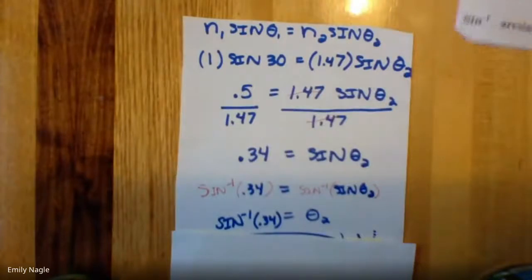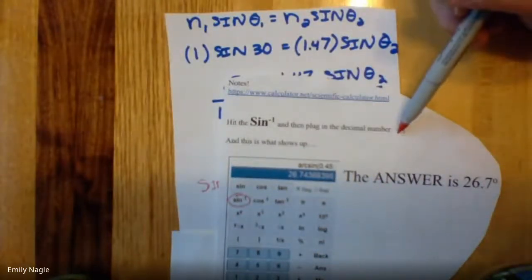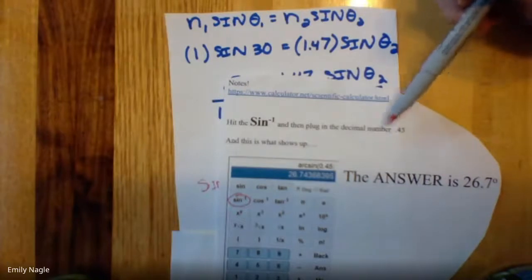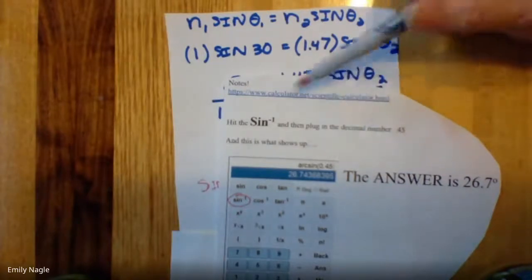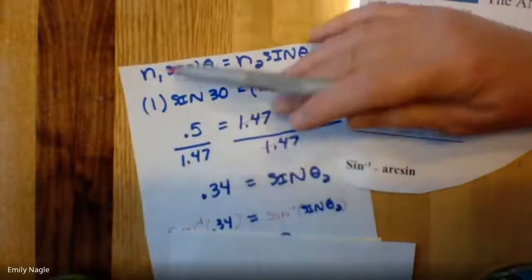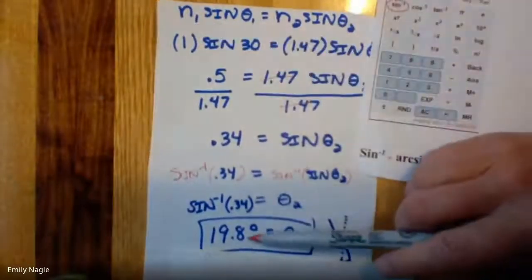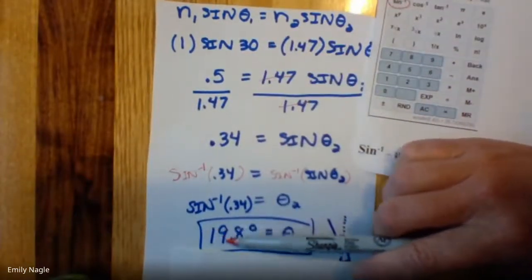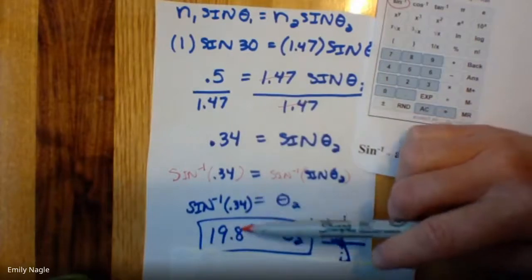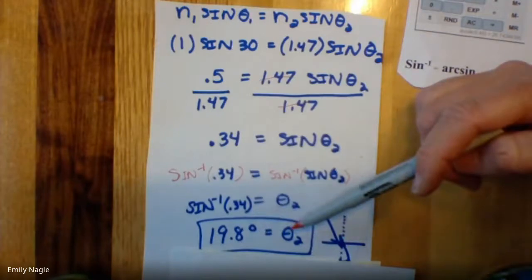Hit the inverse sine button first, then 0.34, and you will get 19.88 as an output. I didn't round, but you could say it's 19.9 degrees, theta 2.